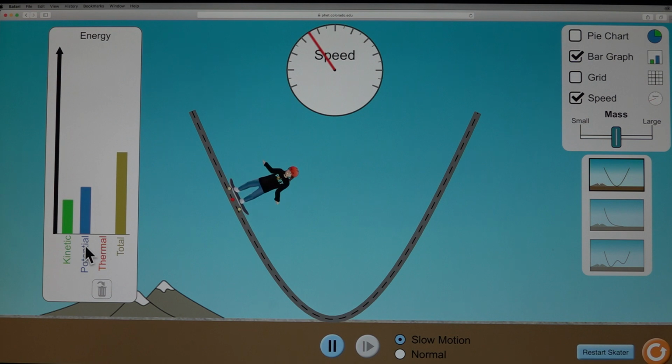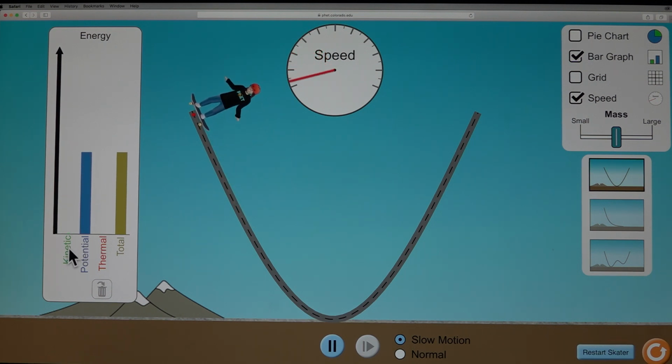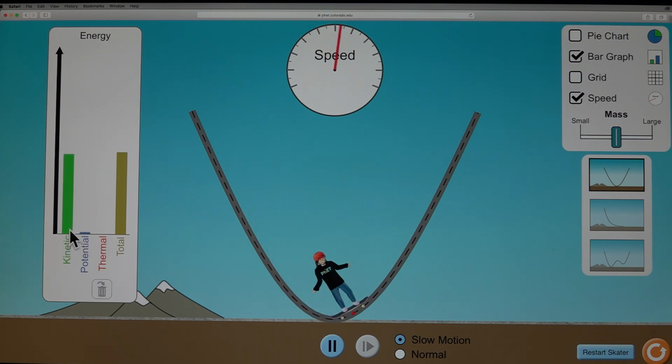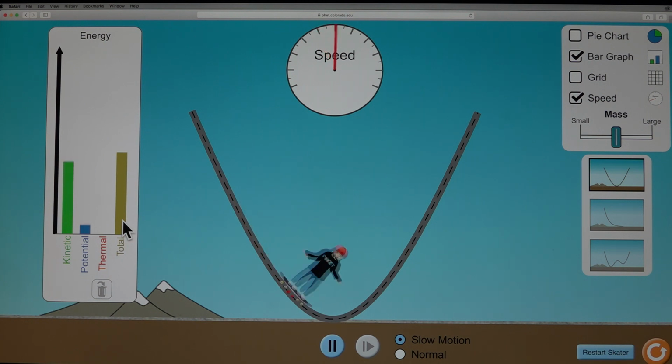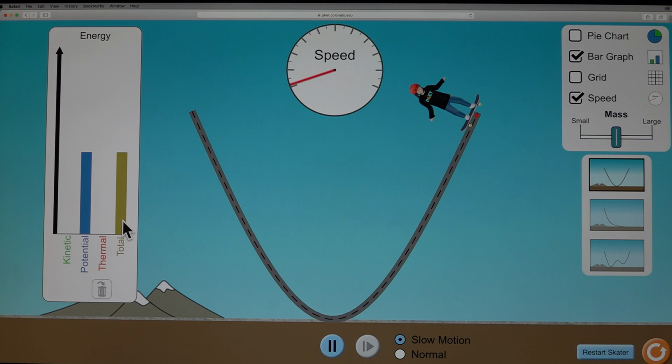So here you notice that kinetic energy is changing to potential energy is changing back to kinetic energy. However, if you look at the total energy, it doesn't change. It remains constant throughout. That's because there's a law, and this law is called the law of conservation of energy.